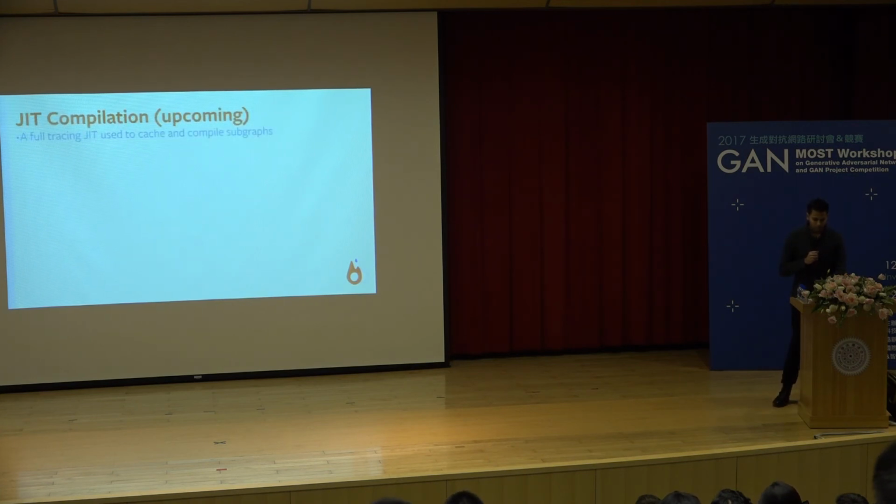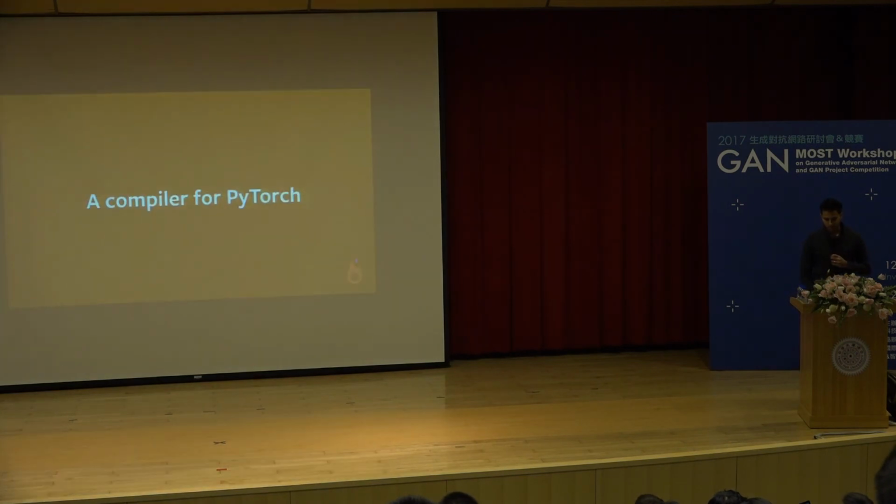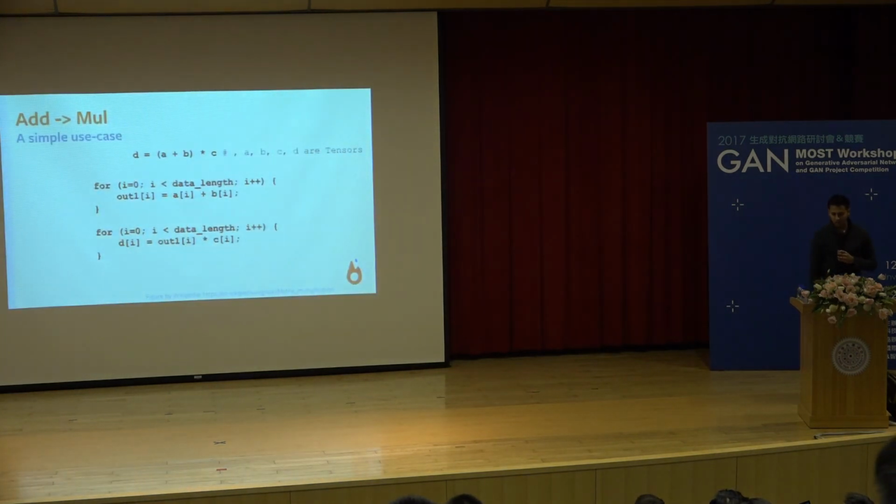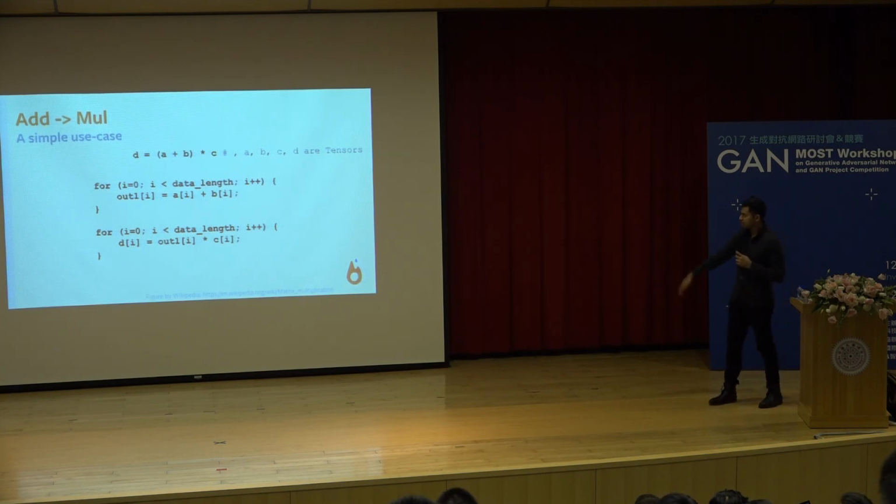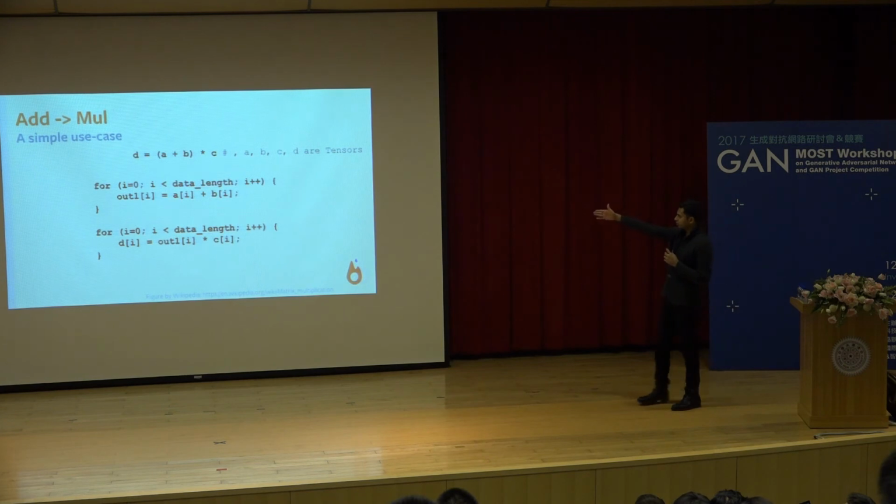Another thing we have been building is a JIT compiler for PyTorch. If you write your code and enable the JIT, it will automatically be fused to be much faster. As an example of why you see these benefits, say you have something simple where you're just adding two numbers and then adding a third number.